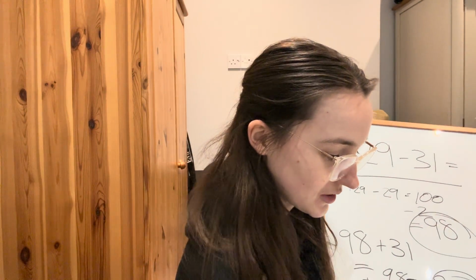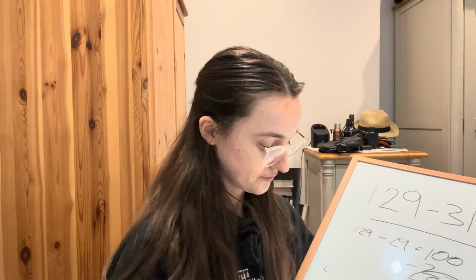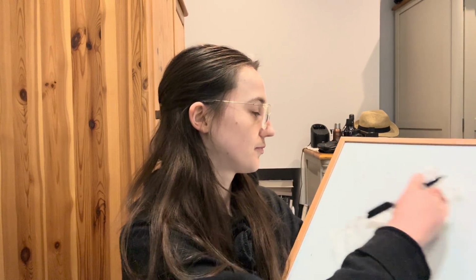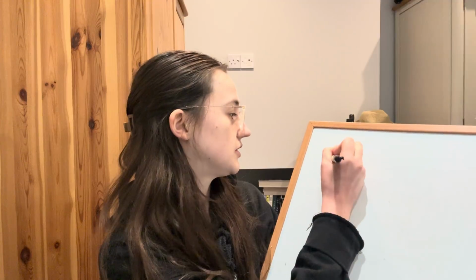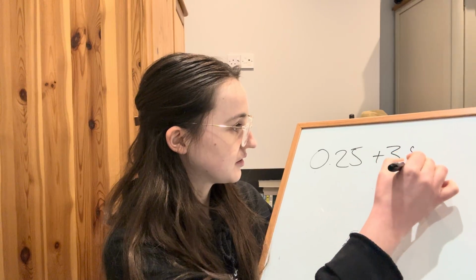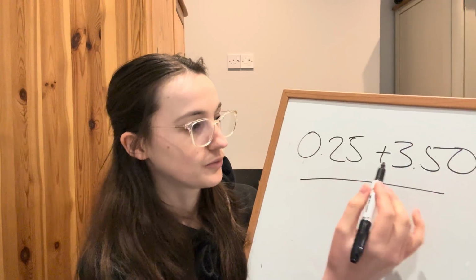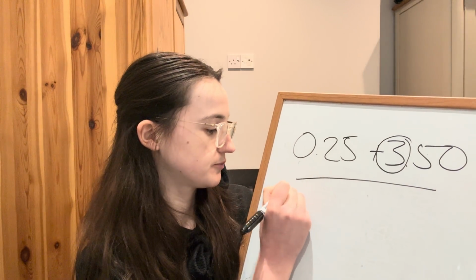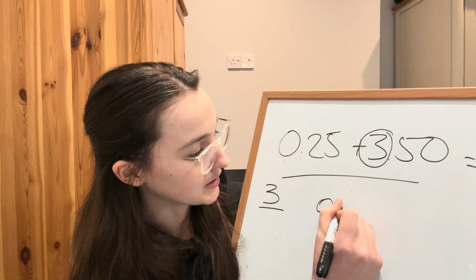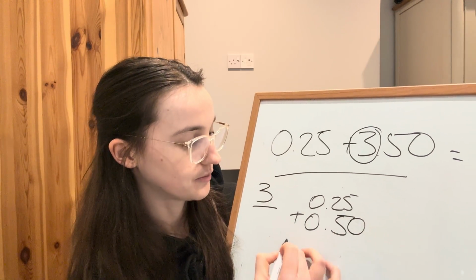Alright? Okay. The next one is decimals, so it's a little bit trickier. So we've got 0.25 plus 3.50. You already know you've got 3, okay? So we've got 3, we know that, okay? But we need to add up 0.25 plus 0.50, okay?